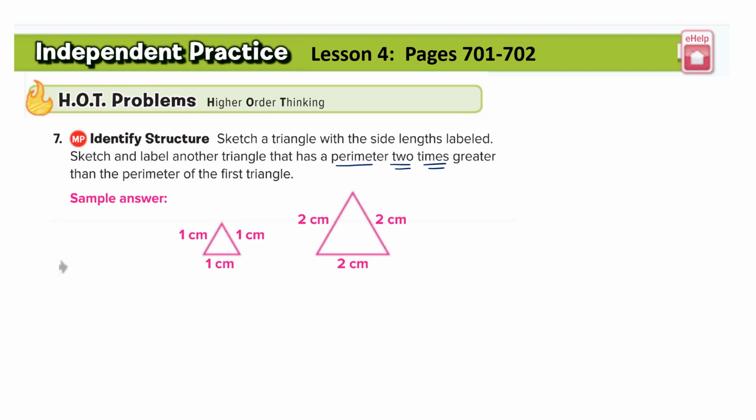So for example, we could have a triangle that's 1 by 1 by 1, and then the next one will be 2 by 2 by 2, because the perimeter here would be 3 centimeters, and the perimeter here would be 6 centimeters, which is 2 times greater.